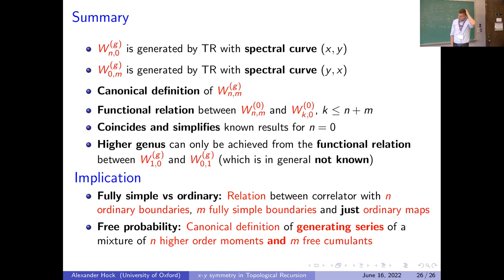I think for the Gaussian unitary ensemble, you mentioned it is just the Wigner semicircle law, I guess, right? I think it's something like x is given by z plus 1 over z, and probably y is the same. I think it's probably the same.